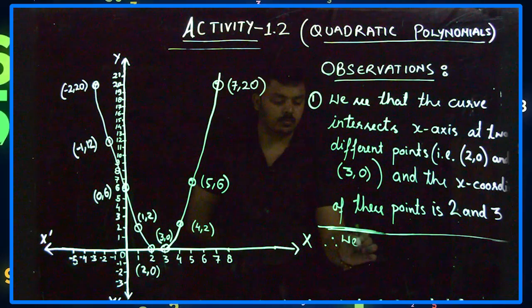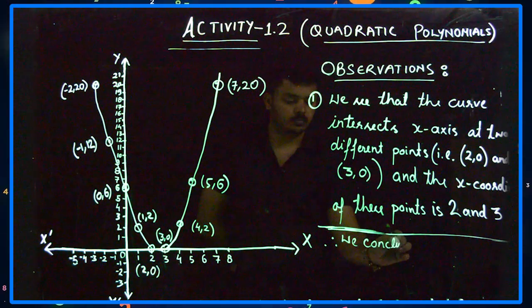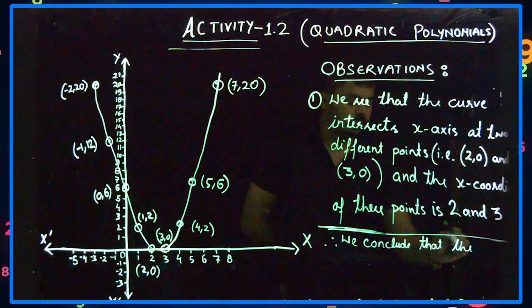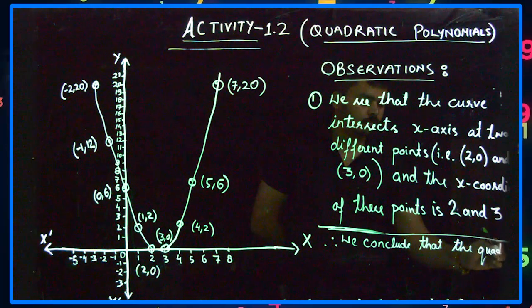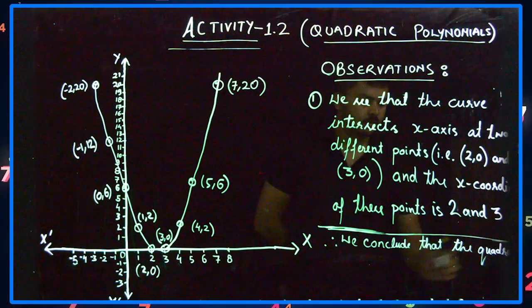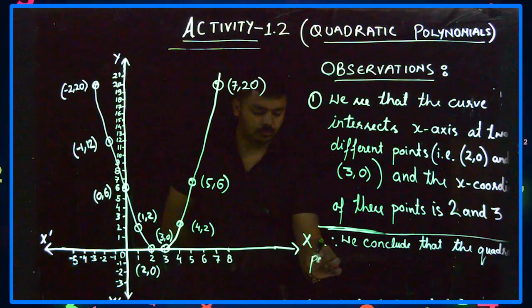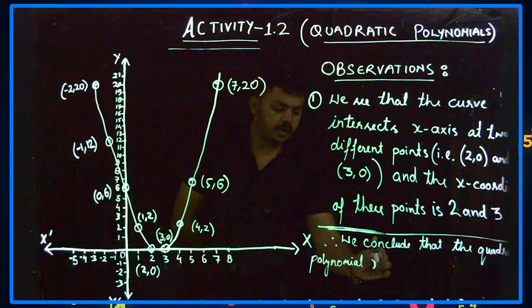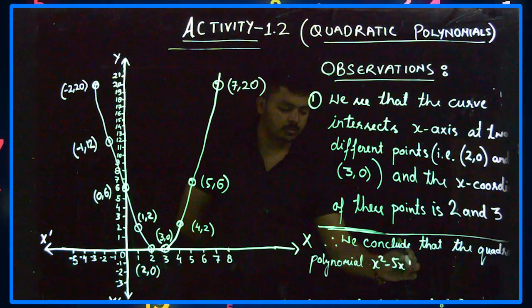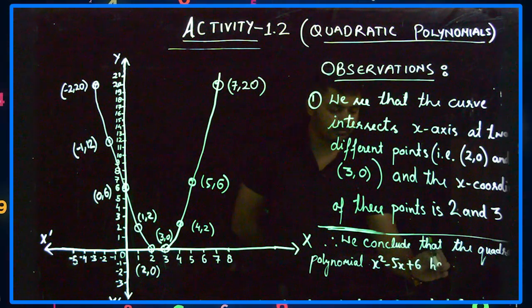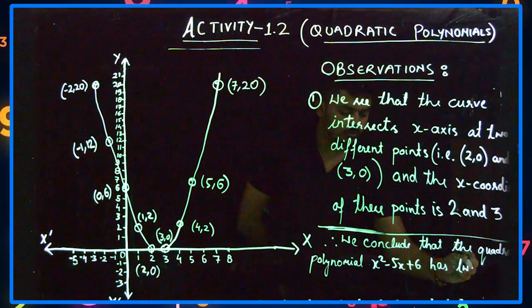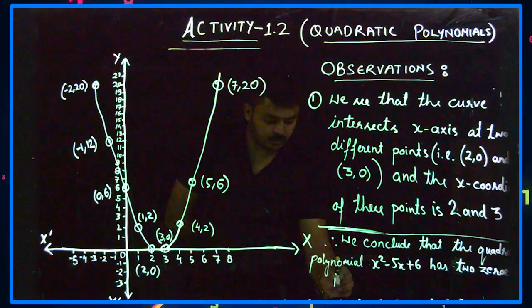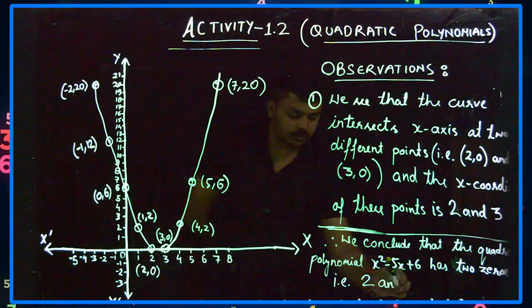Therefore, we conclude that the quadratic polynomial x square minus 5x plus 6 has 2 zeros, that is 2 and 3.